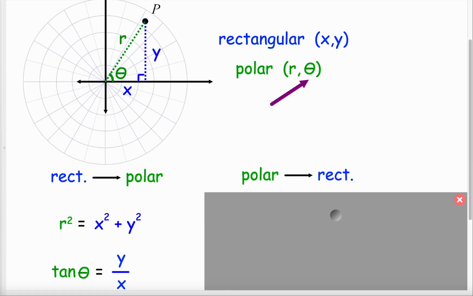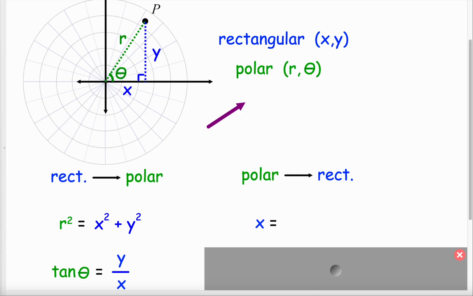Okay, what if the other case is true? What if we have r and theta? They give us the polar coordinates for this point. We know that value, we know that angle, and we want to find x and y. Let's focus on the x first. How are we going to find x? Well, we know the angle, x is the adjacent leg, and we have the hypotenuse, the r value. Which trig function uses the adjacent and the hypotenuse?